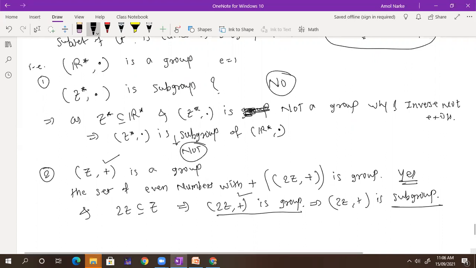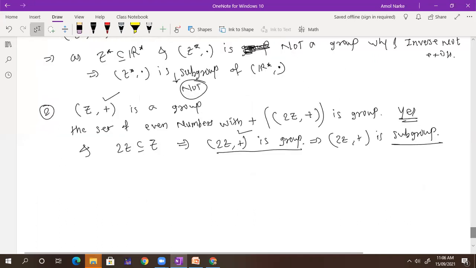Now is everyone clear about this concept of subgroup? Okay.